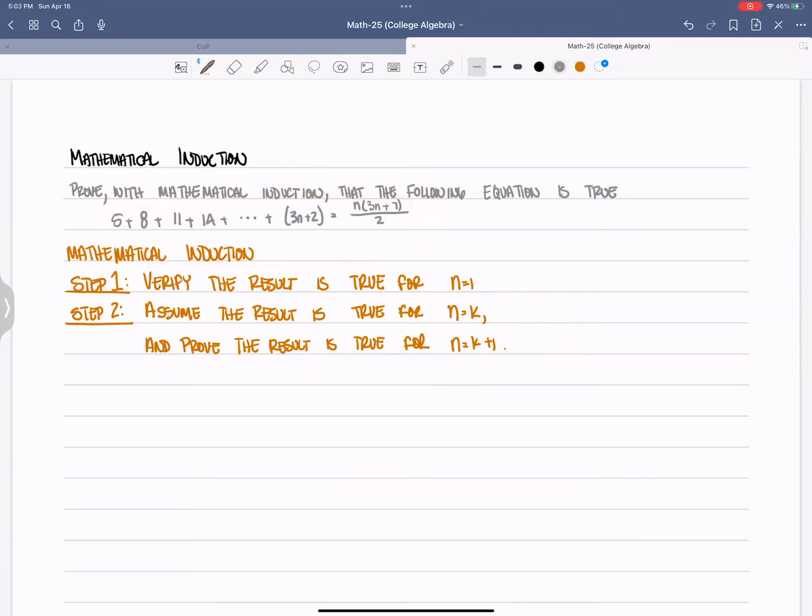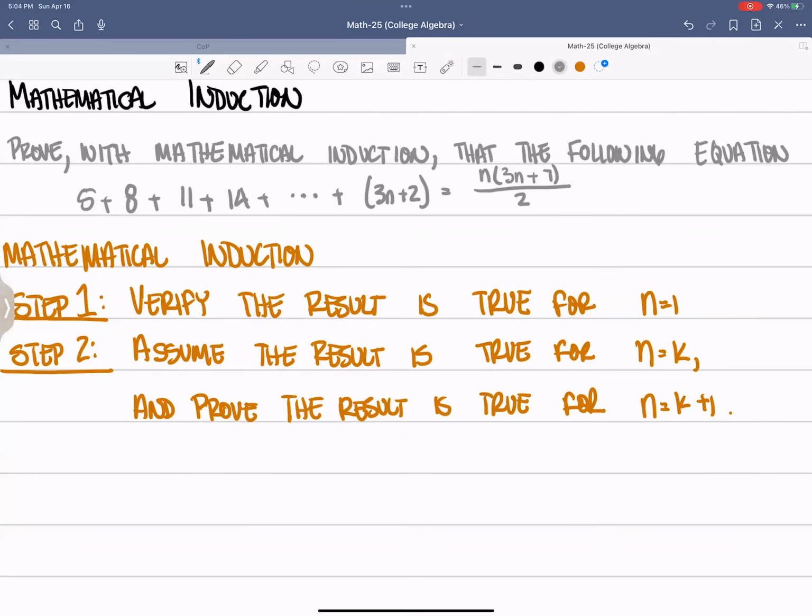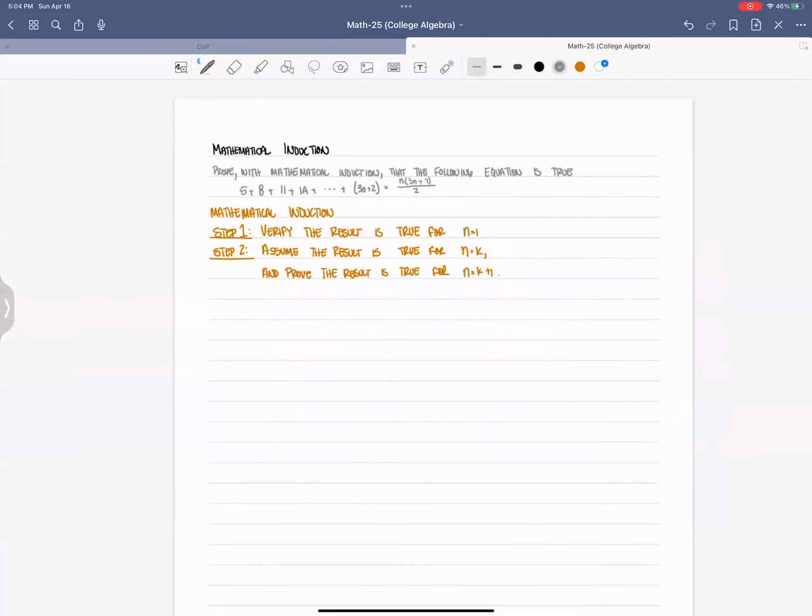So starting off with step one, we're verifying that the result is true for n equal to 1. So what we're going to do is prove that this left side is equal to this right side. We could start with just this value right here, proving it true for the first one.